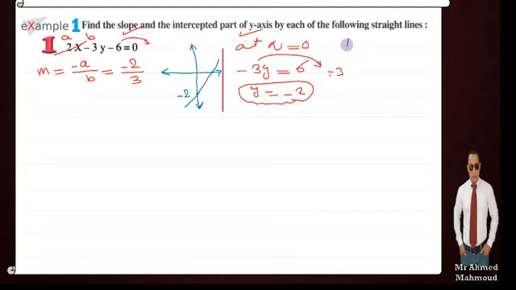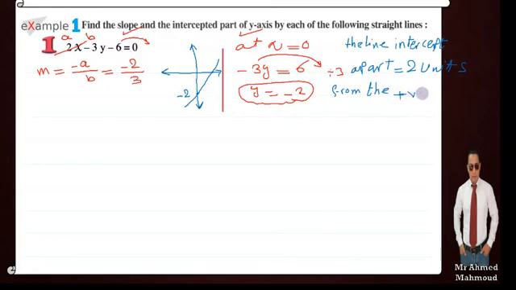So I will describe the line: the line intercepts a part equal to 2 units from the positive part of the y-axis, and I made a mistake here, it's the negative part of the y-axis, not the positive part.